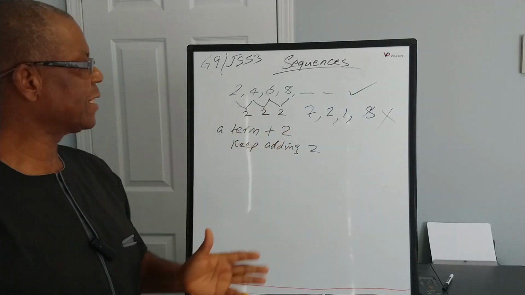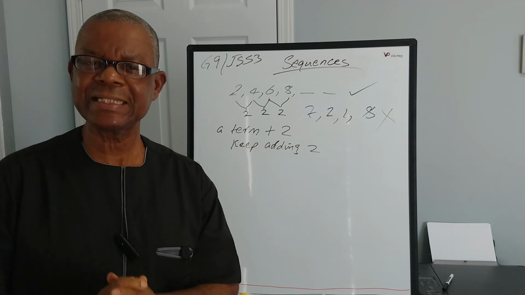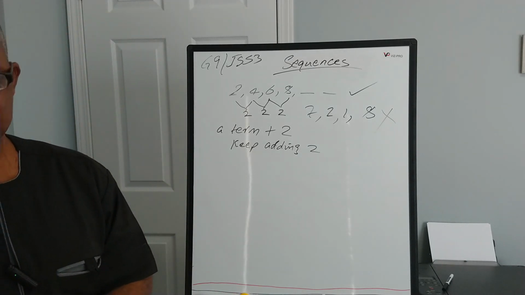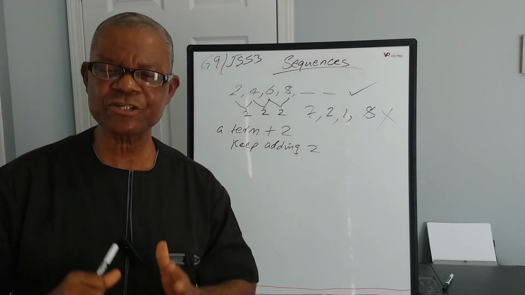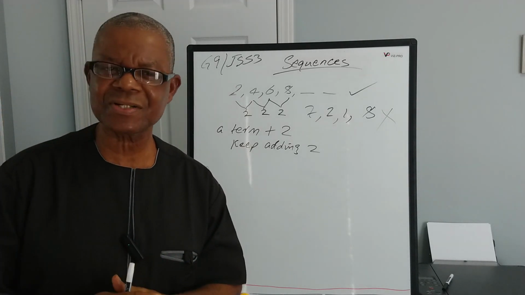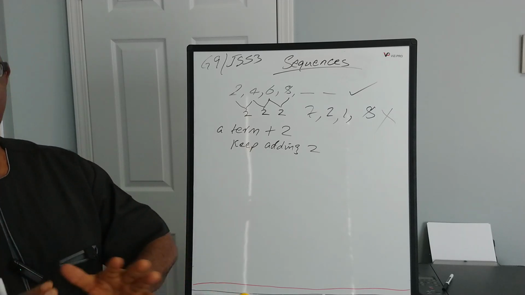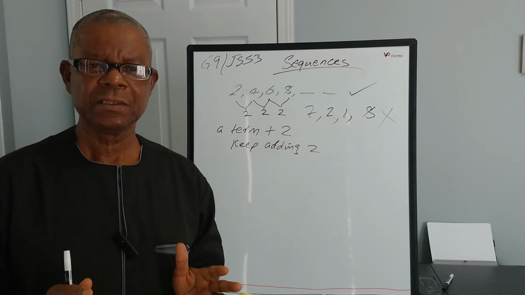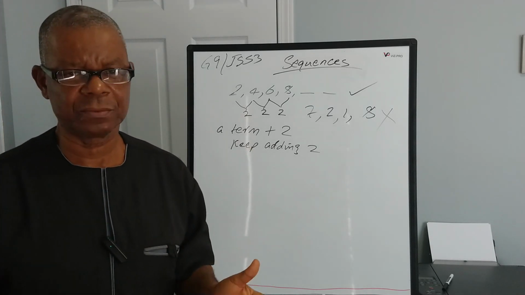But I want you first of all to know what a sequence is. A sequence is an orderly list of numbers. It is a set of terms that are written according to a rule. Each sequence has its own rule. There's no general rule.